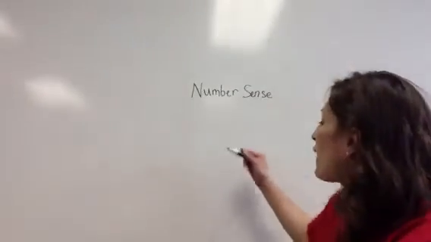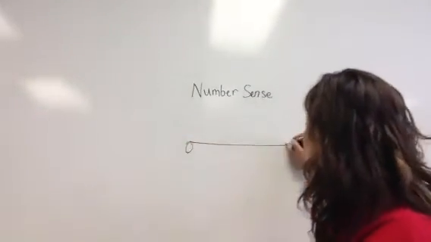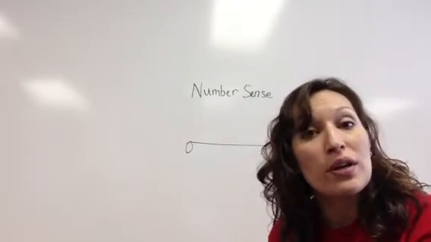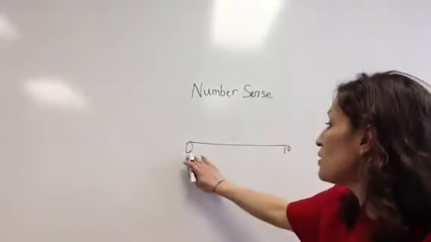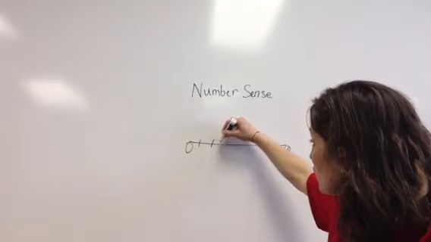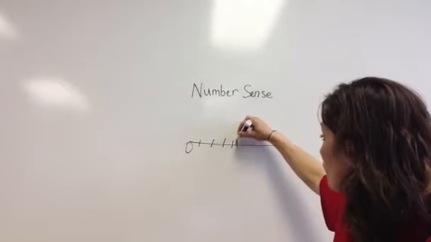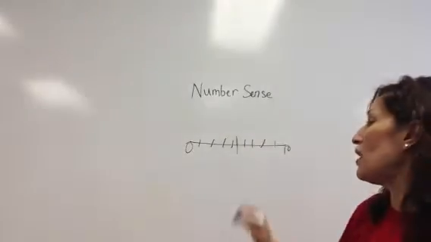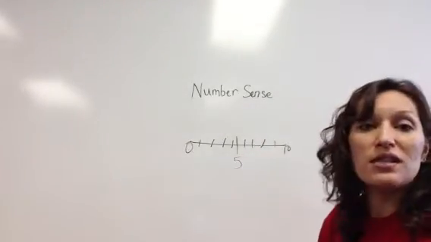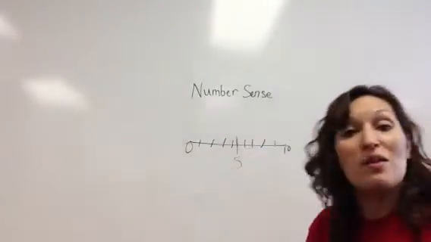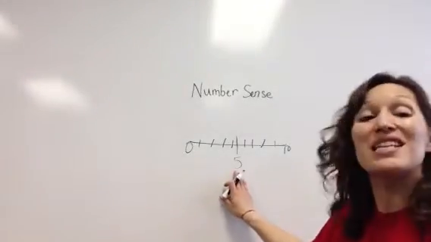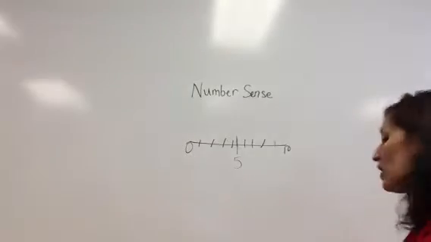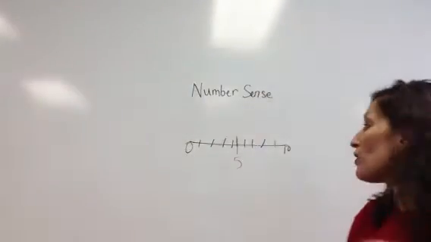So if we talk about a 5 on a number line, where would he go? Do you know where a 5 would go on a number line? Let's take a peek. 0, 1, 2, 3, 4, 5, 6, 7, 8, 9, 10. I'm noticing something. He's just about in the middle because 5 is half of 10. When we talk about half, we talk about it being 2 equal parts.